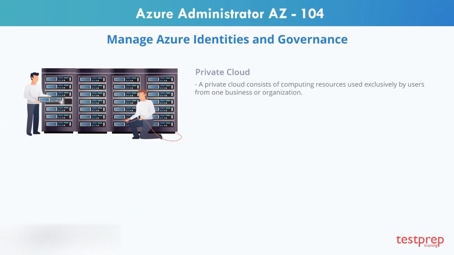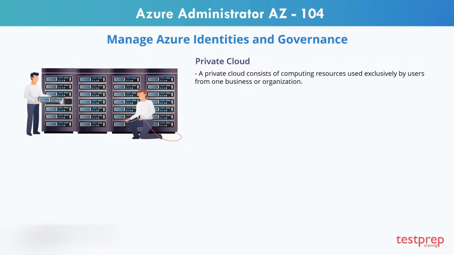A private cloud consists of computing resources, used exclusively by users from one business or organization. It can be physically located at your organization's on-site data center, or it can be hosted by a third-party service provider. The term private cloud should not be considered a rebranding of traditional on-premises data centers. A private cloud uses on-premises infrastructure and services to provide similar benefits of the public cloud.